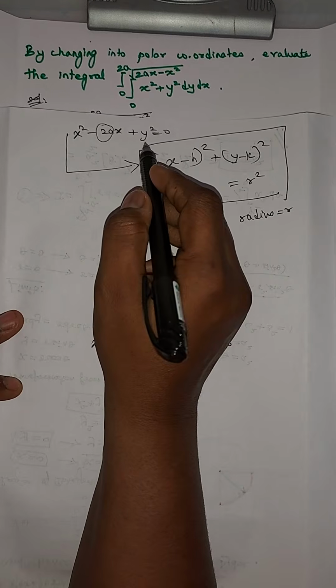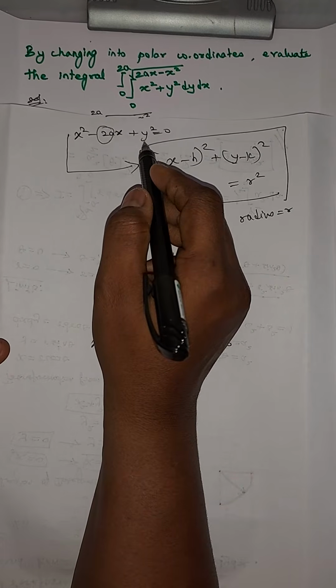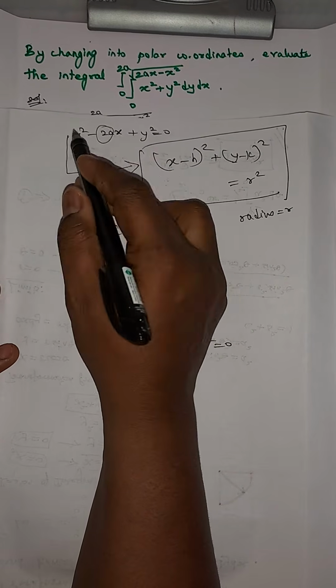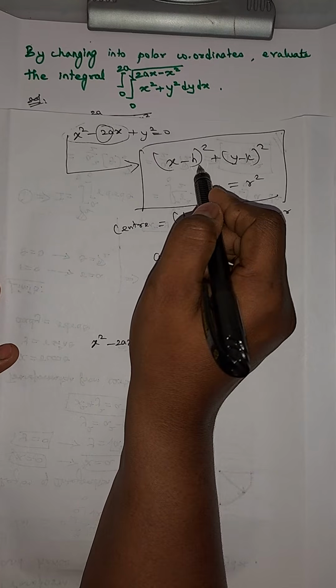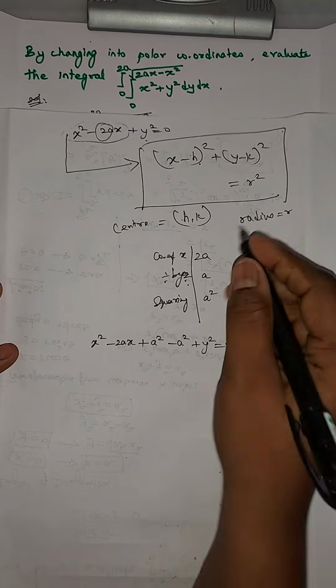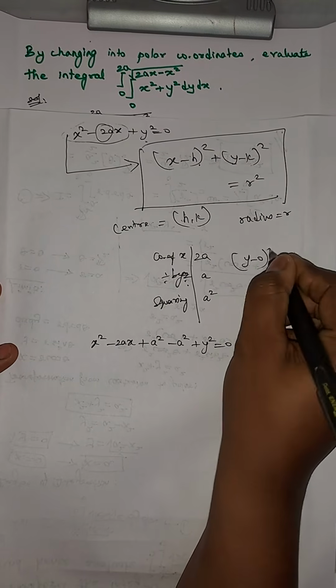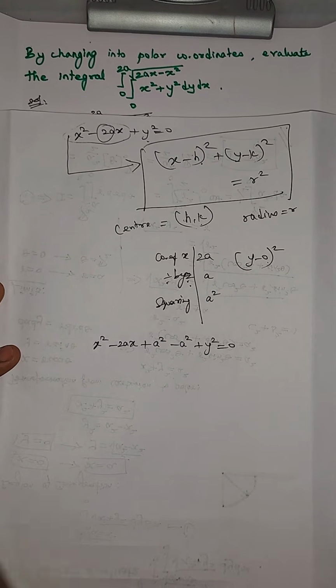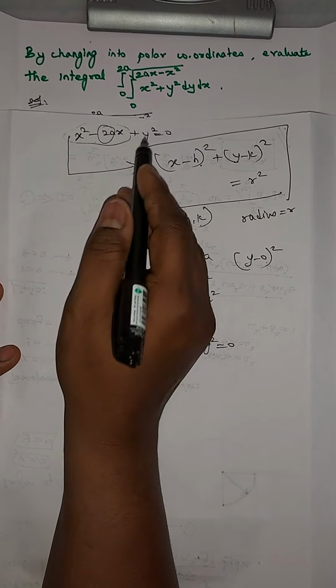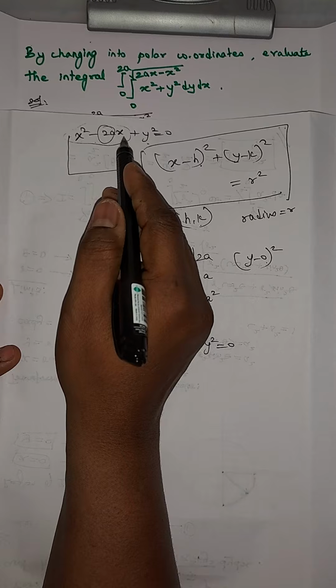Because y square we can take as it is, maybe as y minus 0 the whole square, in which case the center value k becomes 0. But the x term alone is of the form x square minus 2ax.